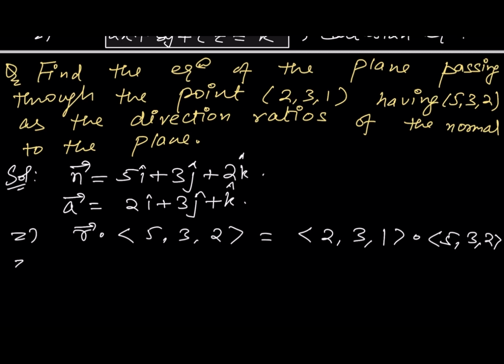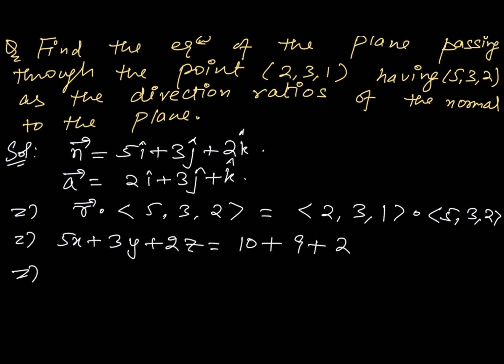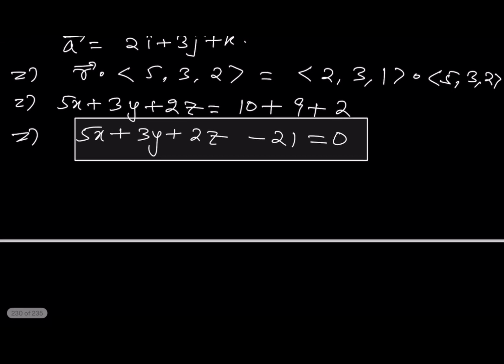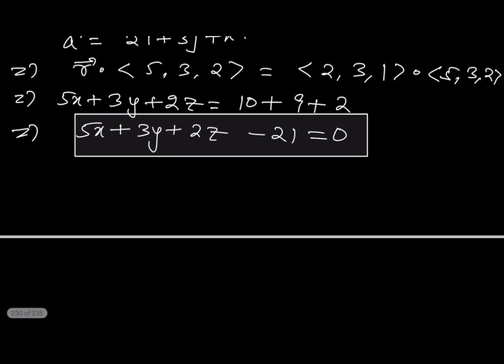So it is nothing but 5x plus 3y plus 2z is equal to 10 plus 9 plus 2, right? So it is nothing but 5x plus 3y plus 2z minus 21 is equal to 0. Okay, now let us see the other question.